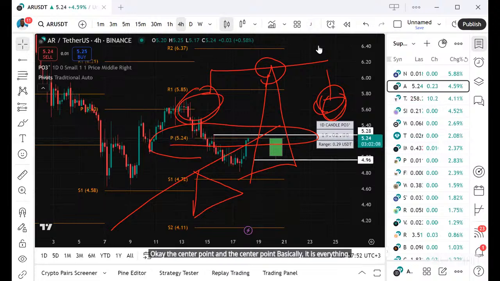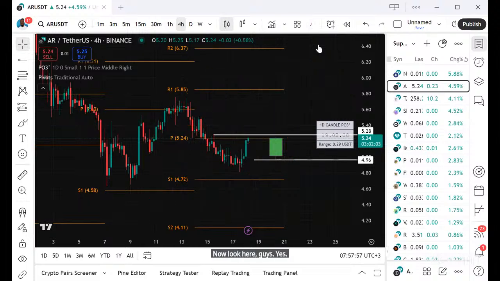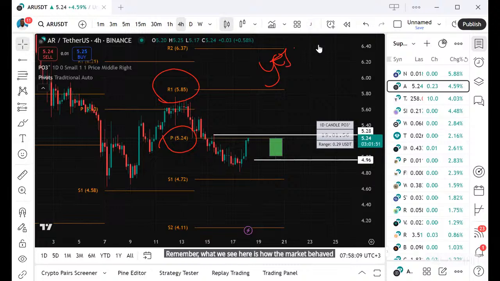Now, look here, guys. I want to simplify your experience. From the pivot, we have resistance one. Remember, what we see here is how the market behaved yesterday. Now, from pivot going up, we have resistance one and resistance two.